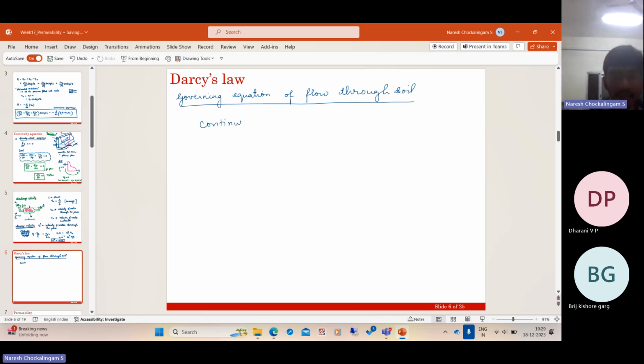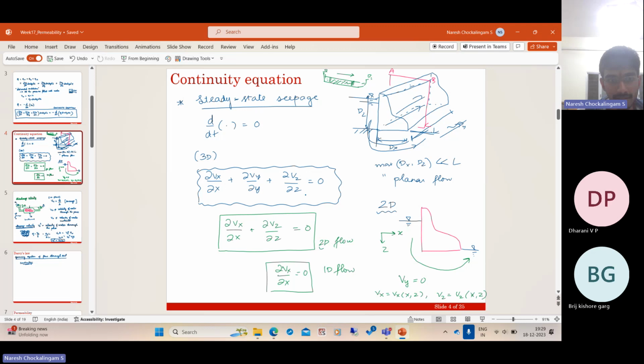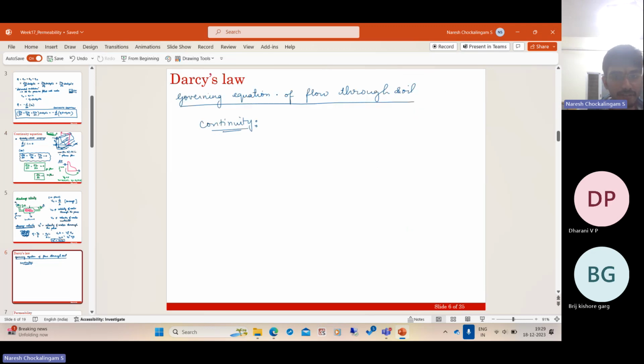It is similar to equilibrium in our solid mechanics, right? So if you're comfortable with the vector notation, it is the divergence of the discharge velocity equal to 0 under steady state seepage conditions. So this is the continuity equation.